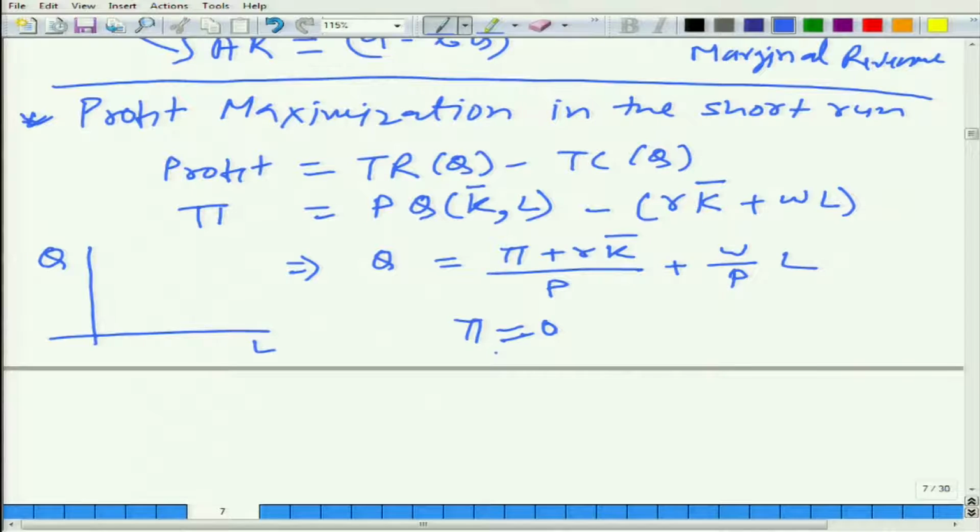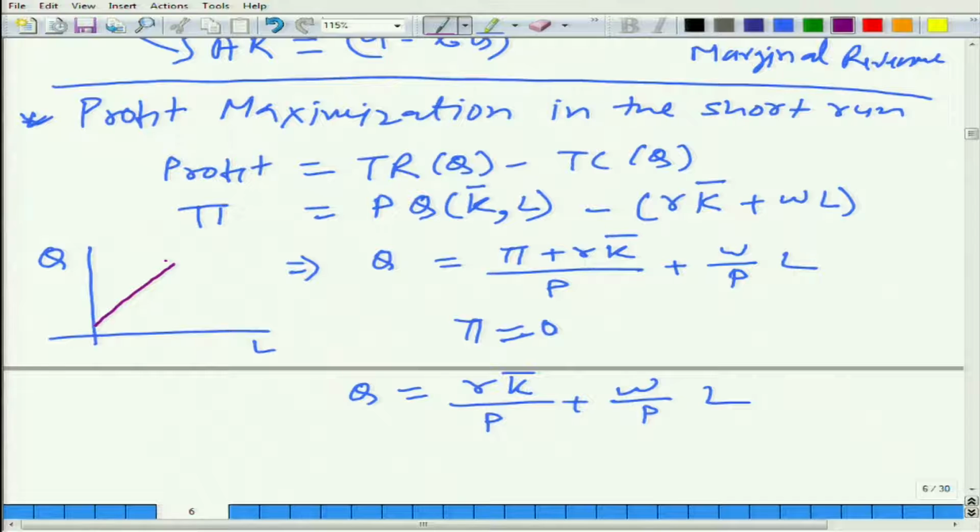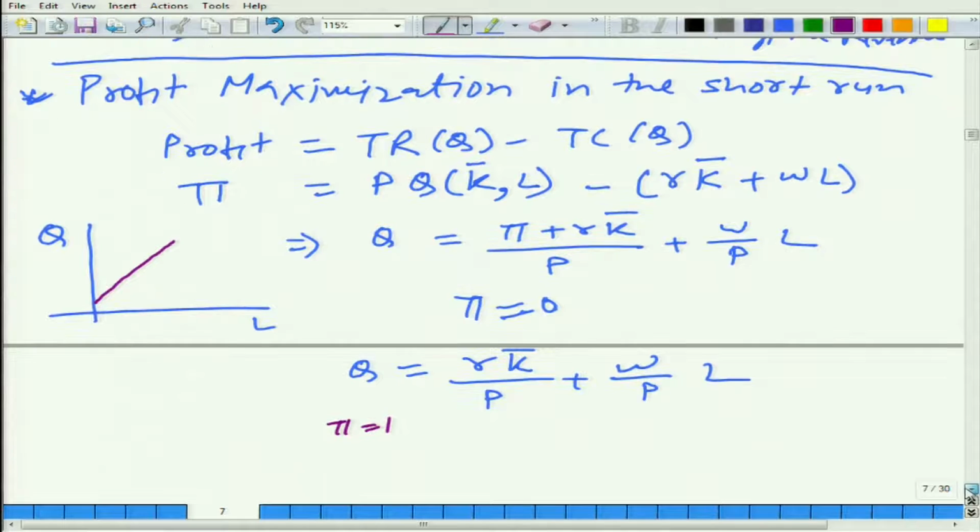And how can we get that? Let us say if we put pi is equal to 0, what we will get? We will get R K bar divided by P plus W by P times L, and this is an equation of a line, and this line will give us profit is equal to 0. From here we get the intercept. So, we can draw something like this. Let us say instead of taking pi is equal to 0, we take pi is equal to 1. What we will get?